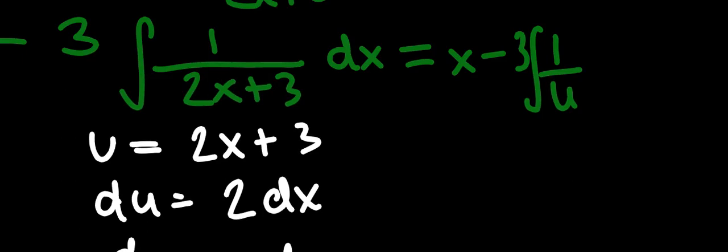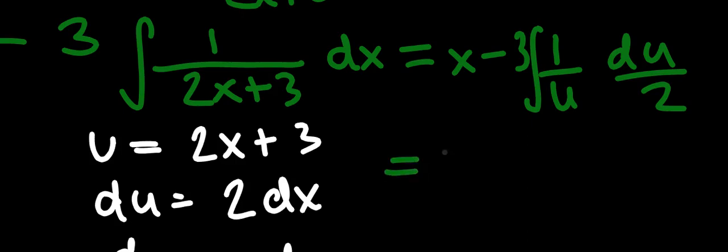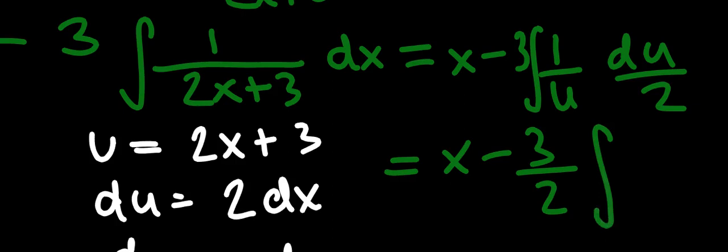So we're going to put du over 2 here. And then we're going to bring out our other coefficient, which is now we have 1 over 2 also. So now we can bring out 1 over 2, and we can multiply it to the 3 there. So it's equal to 1 over u du, right?